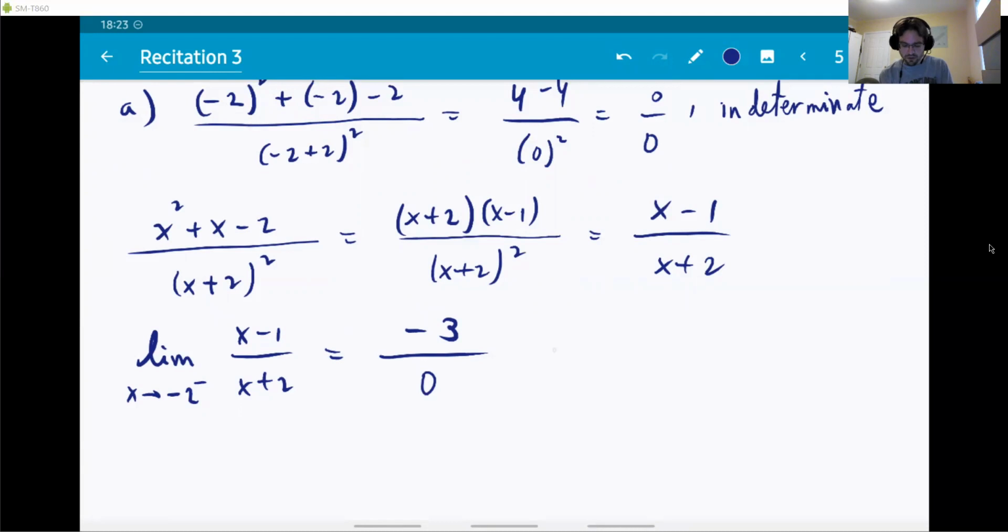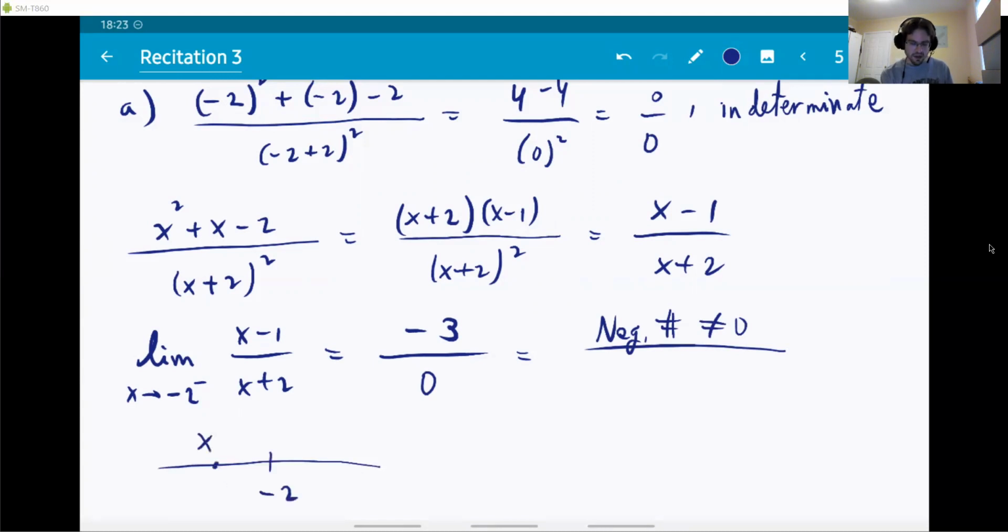And what is the sign? Okay, so negative number, different from 0, divided by, well, if you're coming towards -2 from the left, x is more negative than -2. If you add 2 to that, x plus 2 is still going to be negative.